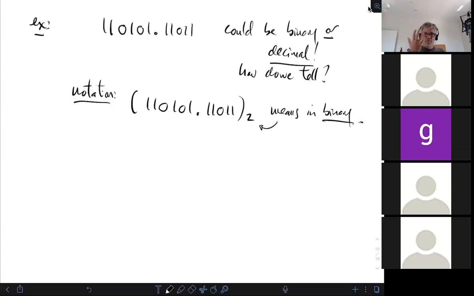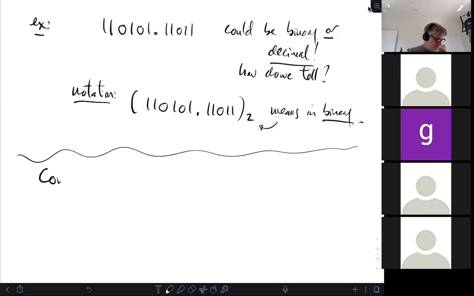Okay, so that's the notation. Or you might not use the brackets, but it can get a little tricky if you don't do that. I'm going to stop very soon. I just want to start the concept of conversion from binary to decimal and decimal to binary.